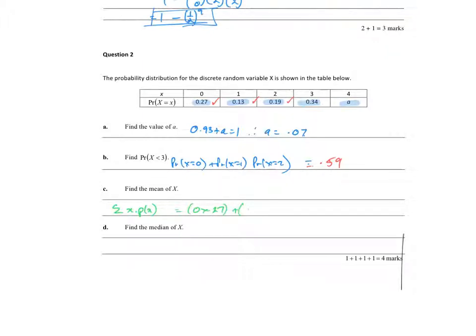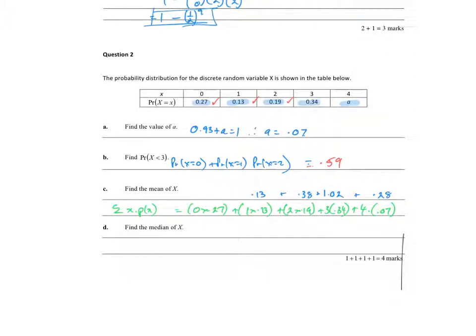The mean of x is the sum of x times p of x, so it's equal to 0 times 0.27 plus 1 times 0.13, 2 times 0.19, 3 times 0.34, 4 times 0.07, which is equal to 0.13 plus 0.38, 1.02 plus 0.28.